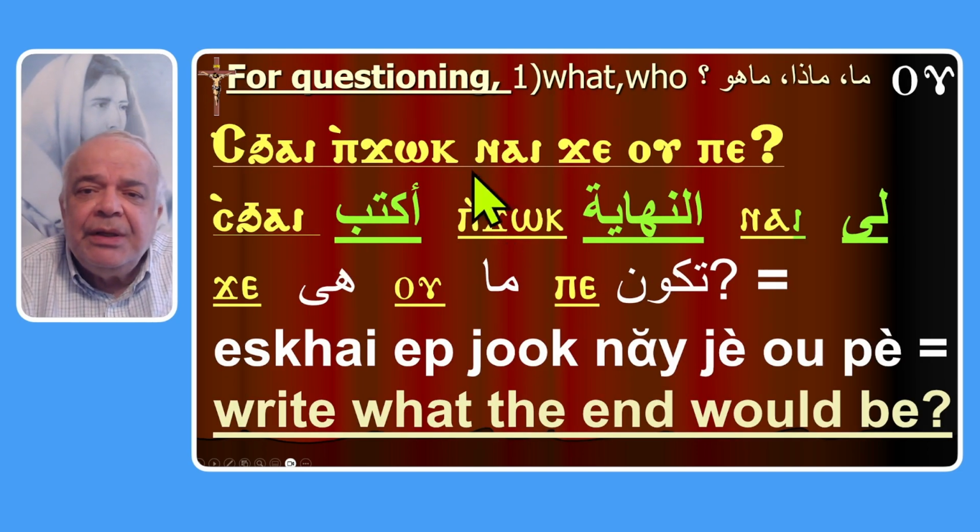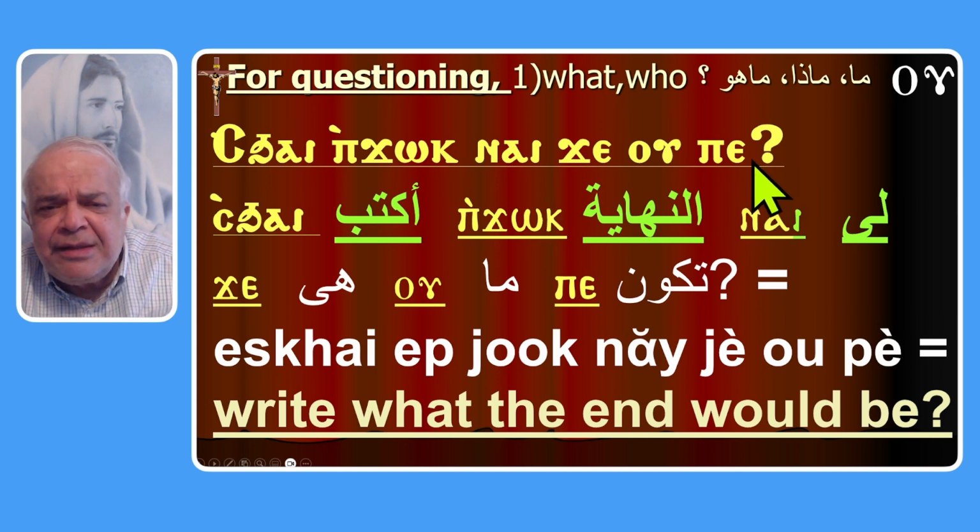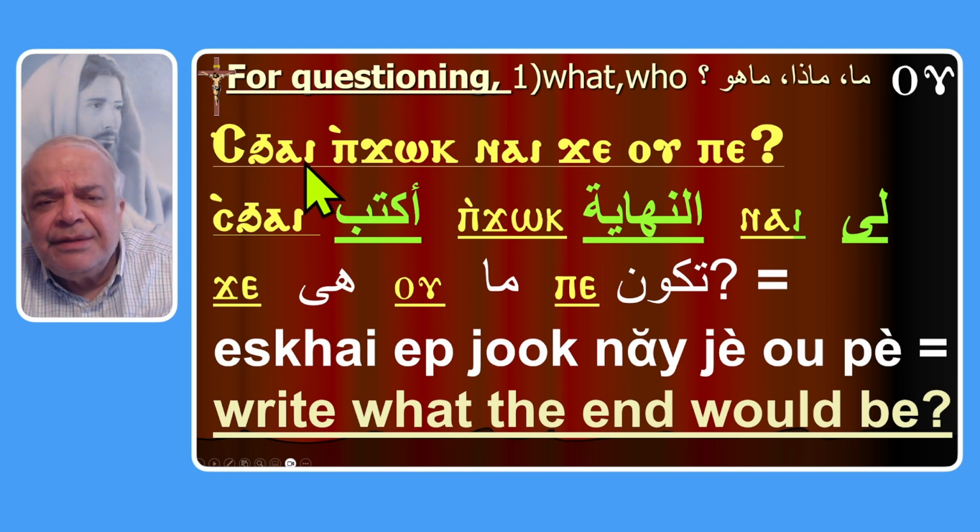Next question, again, it means what or who. Here, I will read the question and then discuss it word by word. Eschai means right, an order verb in the order form.